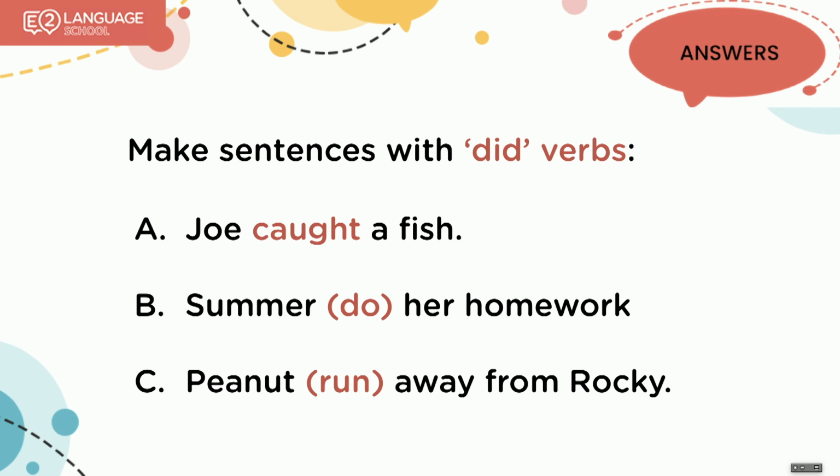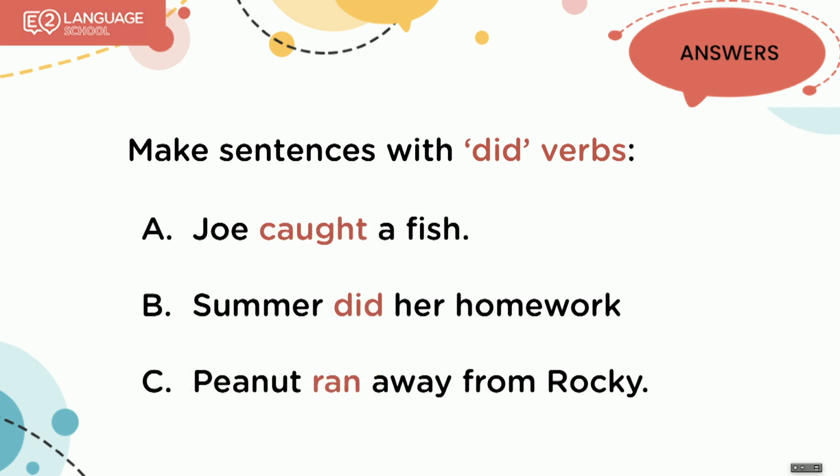Okay, so A is Joe caught a fish, not Joe catched a fish. B is Summer did her homework. And C is Peanut ran away from Rocky. They are the correct answers. They are irregular did verbs. They do not follow a pattern.